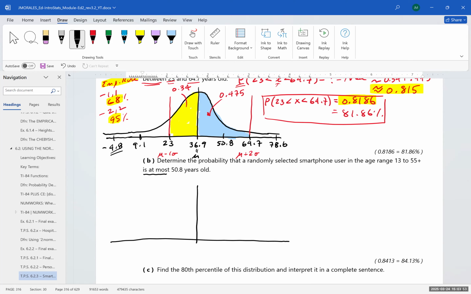It's always good practice. 36.9, and let's go 3 standard deviations up, 3 standard deviations down. I'm just copying from what I did already above.